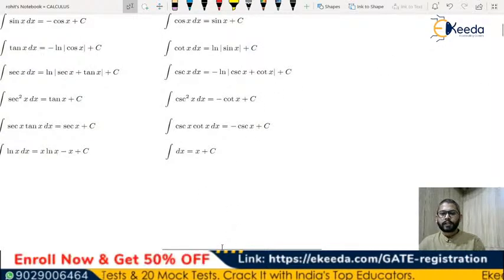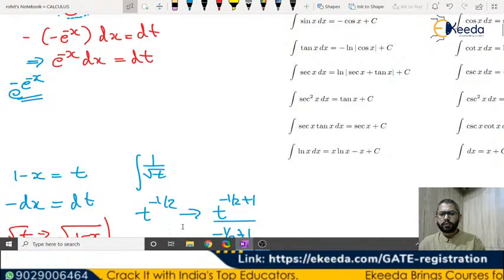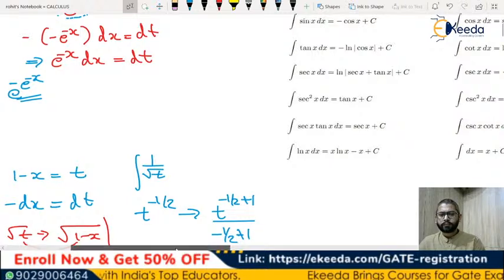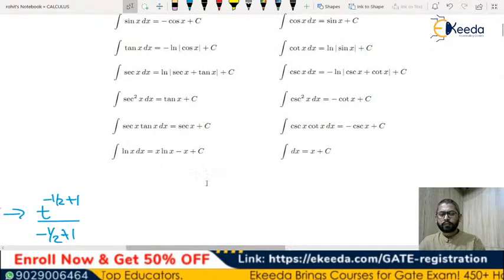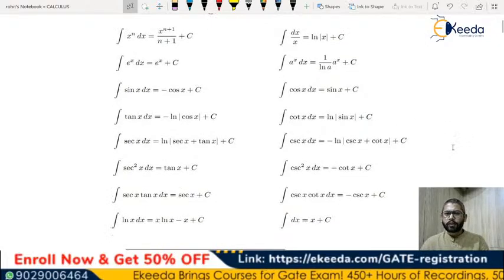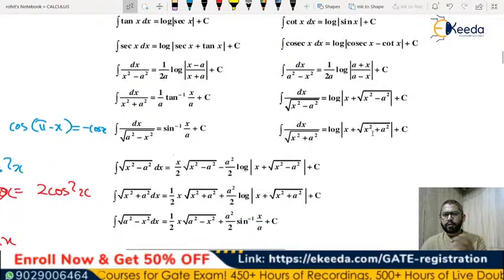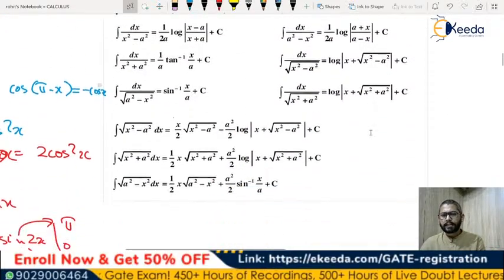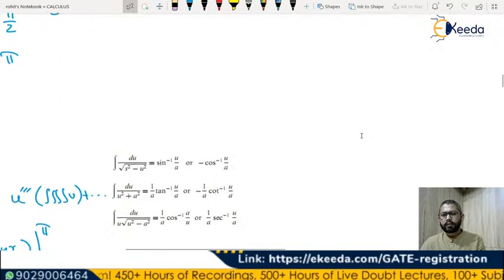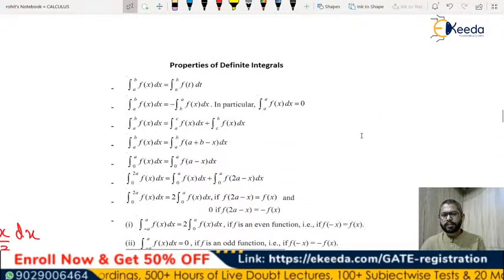And of course, just have a look at the chart. Yes, of course there is a table and some applications you can do. This is just for your reference. You must be having this table. You can use it anytime, and you can see the properties also. Like we have some more integrations, and this also, and maybe some other properties.